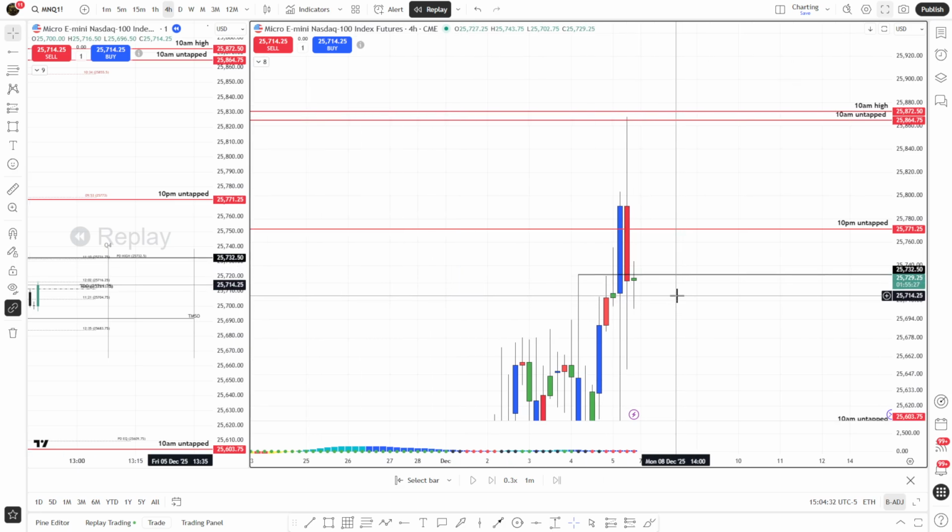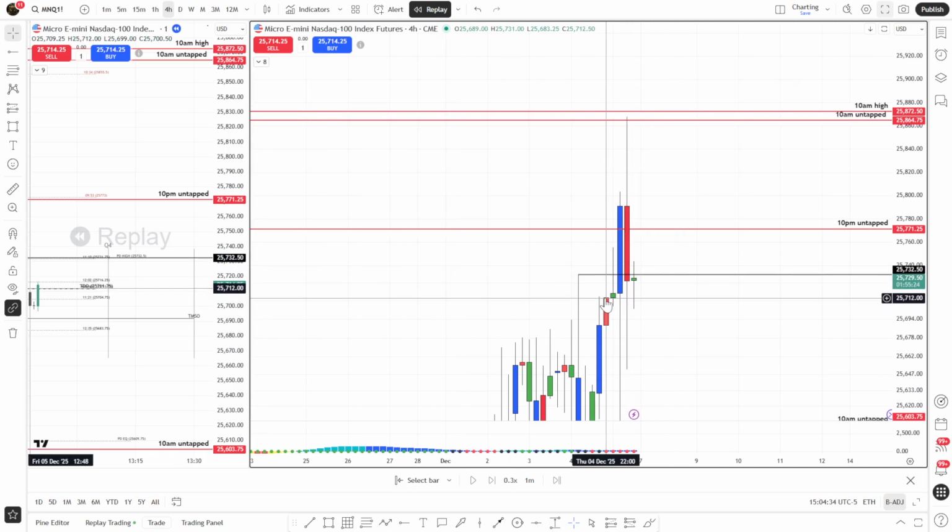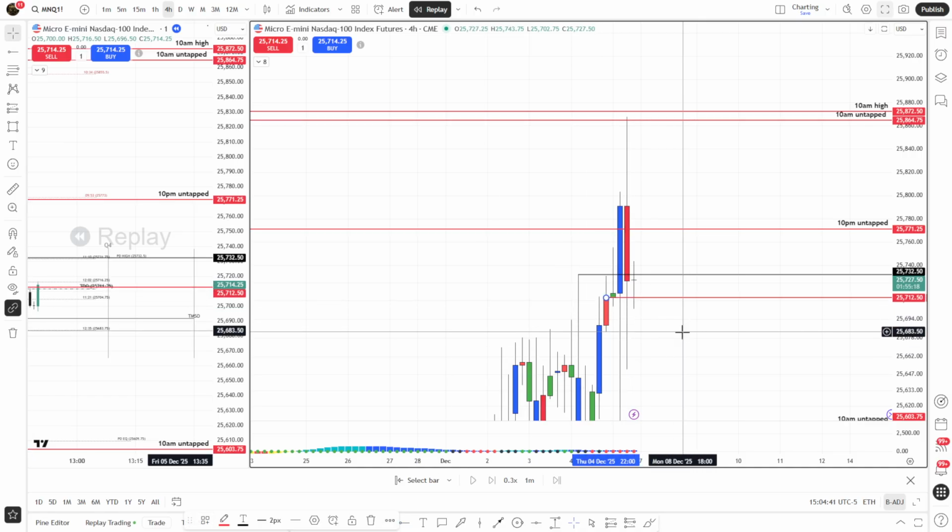Now as we continue, I should have marked this out already, but we do have these 10 p.m. levels that were not tagged.